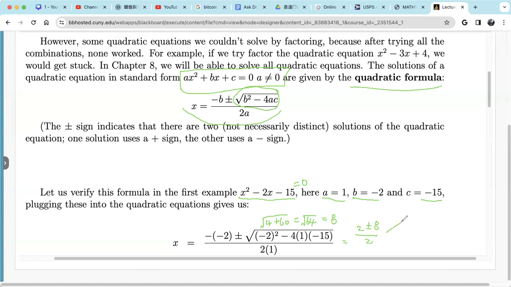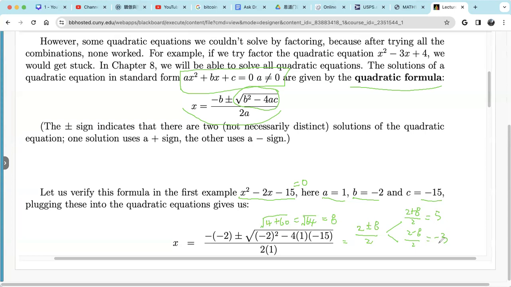So we have two solutions. One is 2 plus 8 divided by 2, which is 10 divided by 2, we get 5. Another one is 2 minus 8 divided by 2, which is -6 divided by 2, which is -3. Two solutions, same as before.